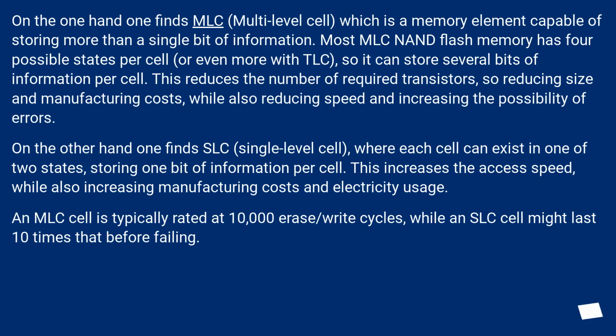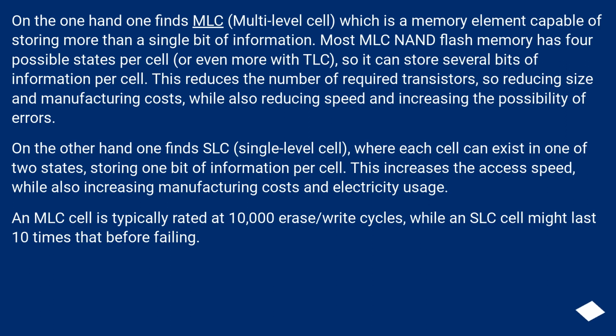On the one hand, one finds MLC, multi-level cell, which is a memory element capable of storing more than a single bit of information. Most MLC NAND flash memory has 4 possible states per cell, or even more with TLC, so it can store several bits of information per cell.